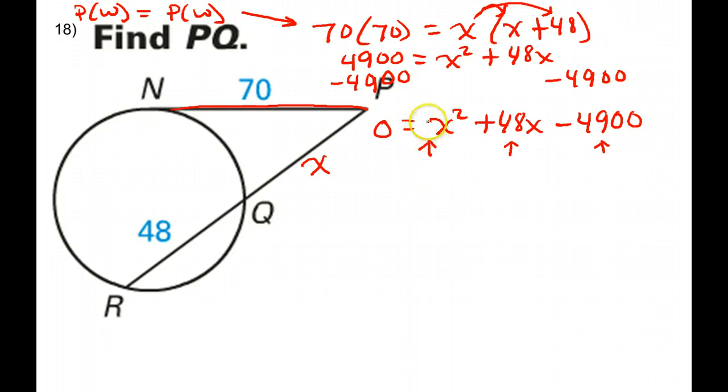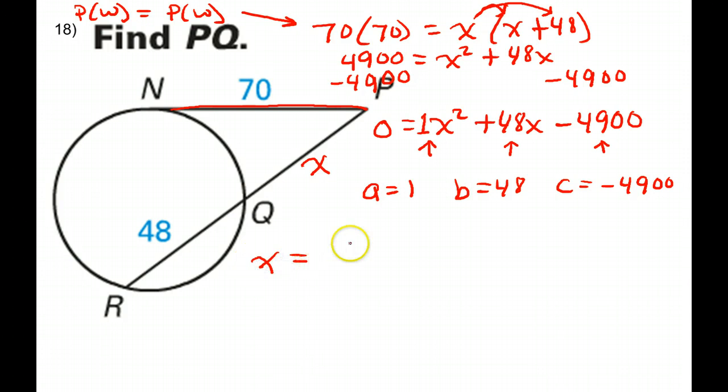So this, because there's no number in front of the x, it's this understood 1. So a, b, and c are this: a equals 1, b equals 48, and c is equal to negative 4,900.